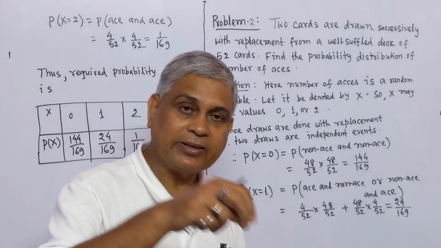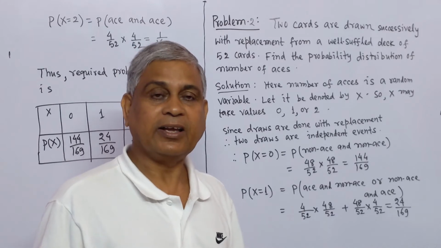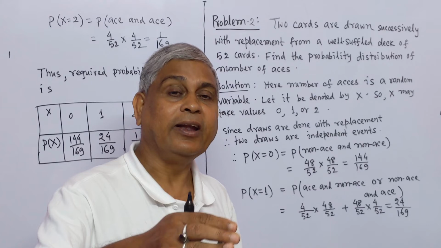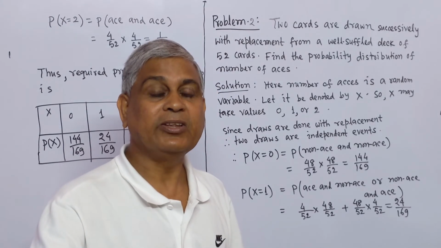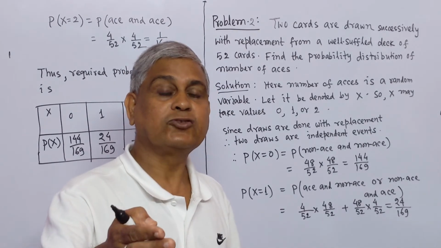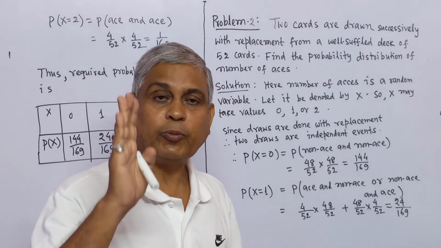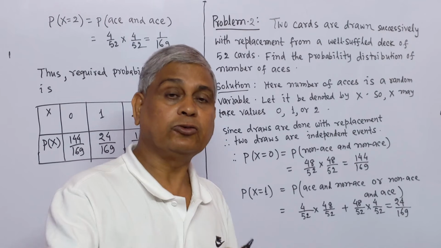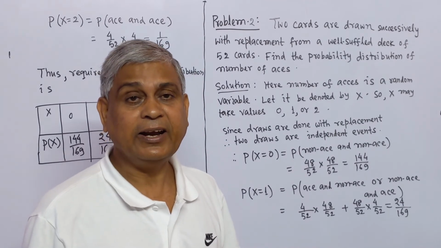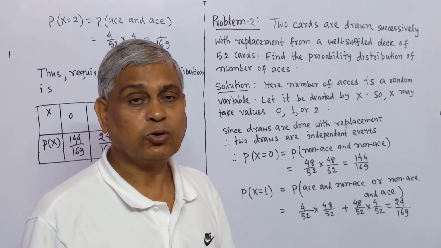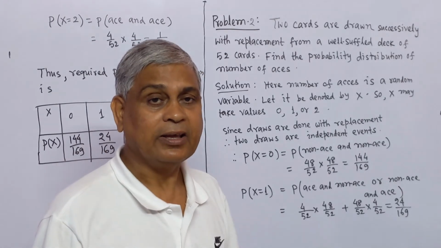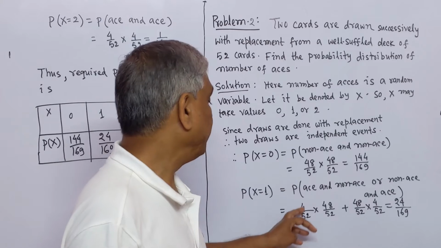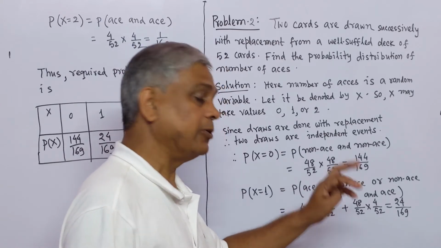Now we return that card to the deck, and in the second draw we get none S. None S means the number of cards will be 48, so the probability will be 48 by 52. Since these two draws are independent events, we multiply these probabilities. So 4 by 52 multiplied by 48 by 52.